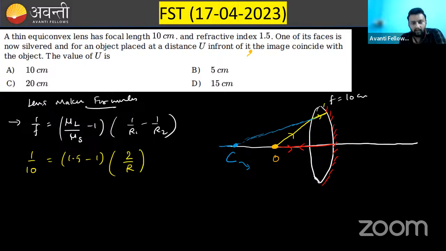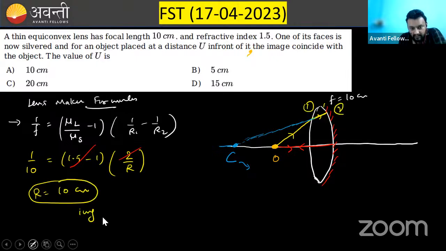What does it mean? This is surface 1, this is surface 2. This means the image of the first surface is at 10 centimeter.